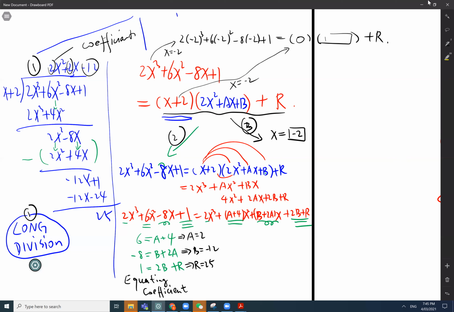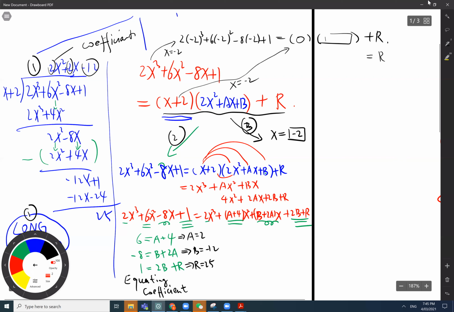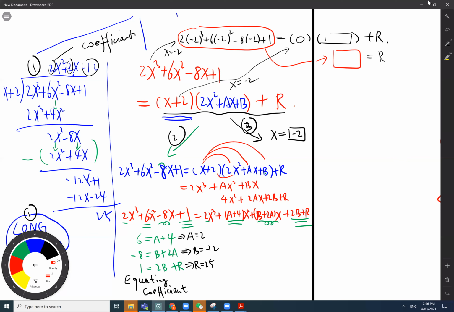So the whole part disappears. Here. What's the value? -16. 25.